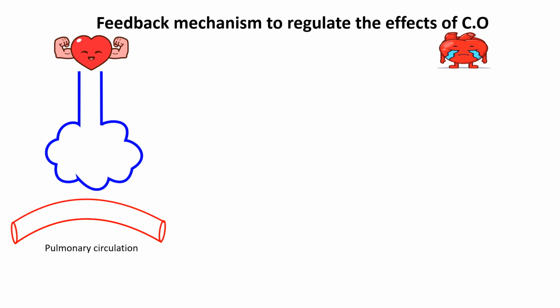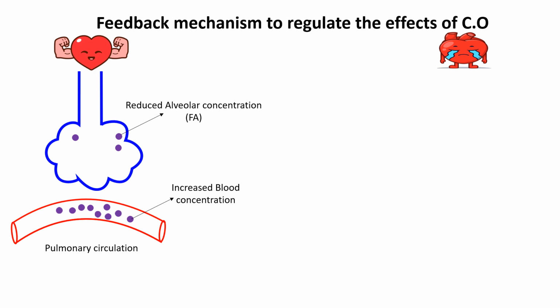Both during increased and reduced cardiac output, there is a feedback mechanism that helps regulate the uptake of anesthetic to maintain a balance in the rate of delivery to the brain. With higher cardiac output, at the start of anesthesia, there is an increase in uptake of the anesthetic into the pulmonary circulation. As the anesthetic is absorbed rapidly, it lowers the alveolar partial pressure since the blood is quickly carrying the anesthetic away.